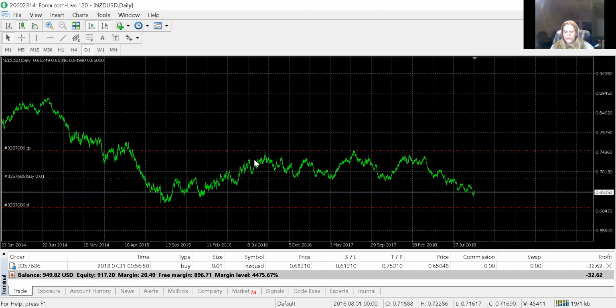Then it turned and went up. And it's going to go that way because the trend of this trade repeats itself. Every trade repeats itself over and over and over. It's got a pattern that it sticks with, and it will show you what the future trade is going to be.